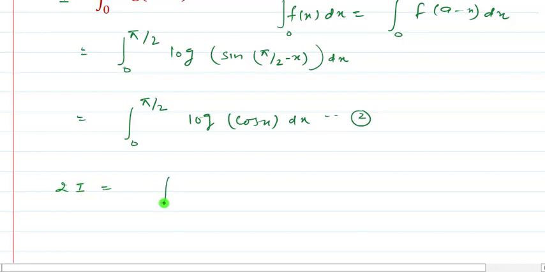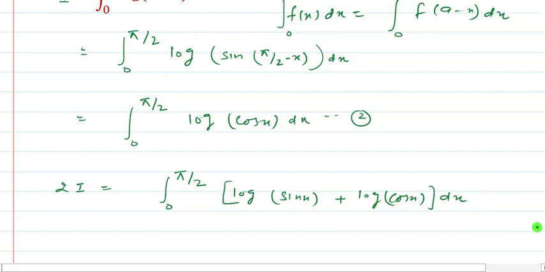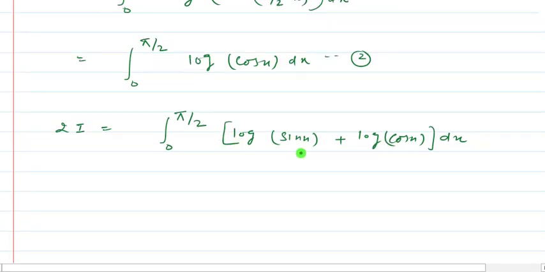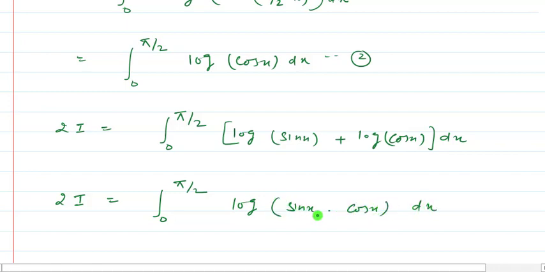So adding, we get 2I is equal to the integral from 0 to pi by 2 of log sin x plus log cos x dx. Now the log property, you know very well: log m plus log n can be written as log(m into n). So 2I is equal to the integral from 0 to pi by 2 of log(sin x into cos x) dx.